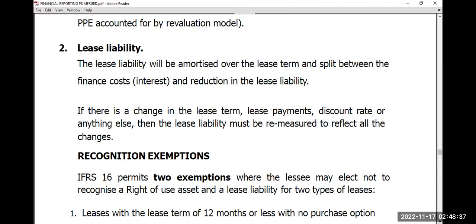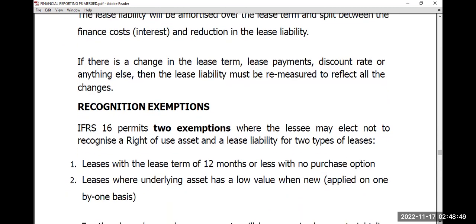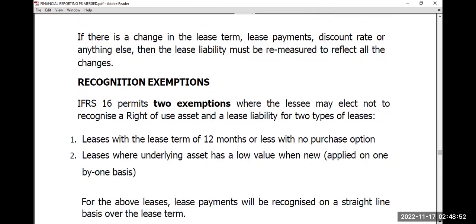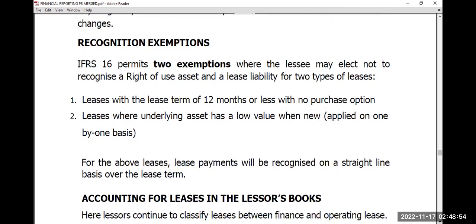So if that happens, we have to remeasure the lease liability. That's what we shall look at when we go to the lease modifications.